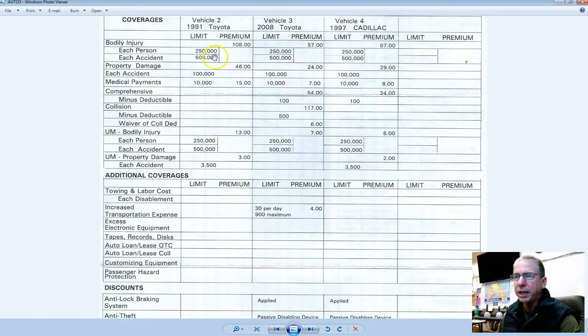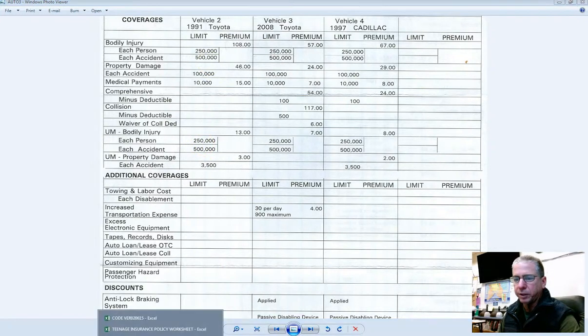But we're going to take a look at the different amounts of coverage. In this case, here's $250,000 for each person, and then $500,000 for each accident, and then the premium is listed at a certain amount for each particular vehicle that a person owns or wants to have insured. In our worksheet, we are just going to try to get a better idea of how these numbers come about.